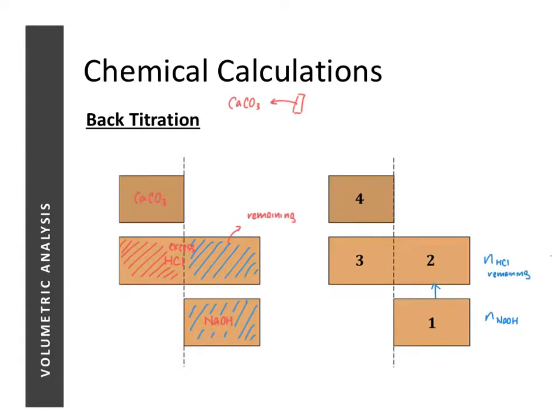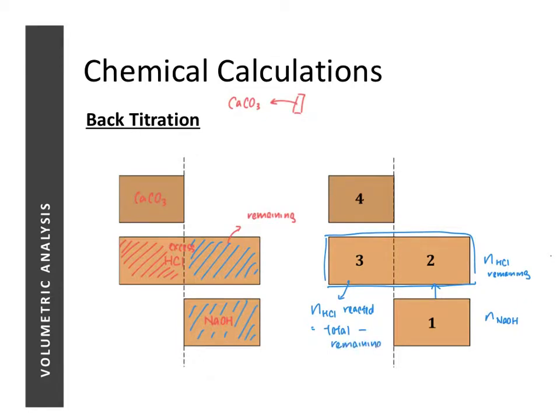The question usually will tell you the total amount of hydrochloric acid that was added. So we can find the number of moles of HCl reacted by taking total minus remaining.